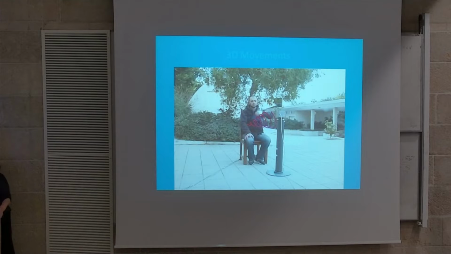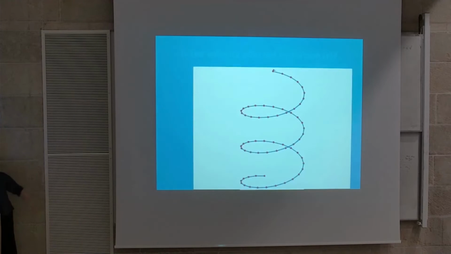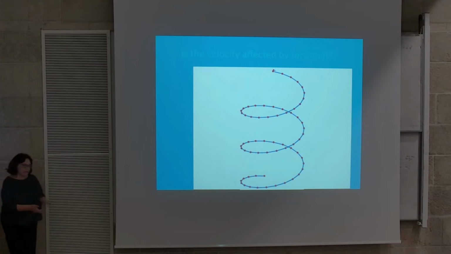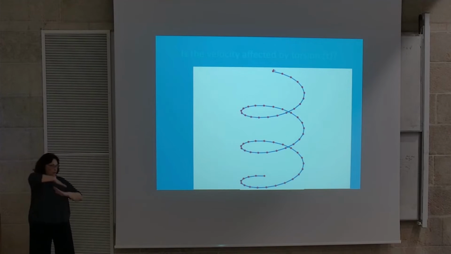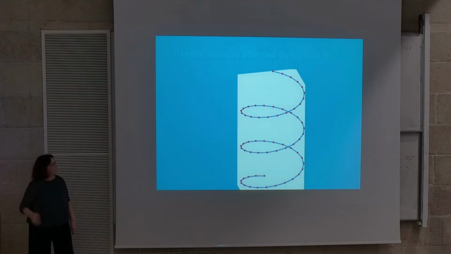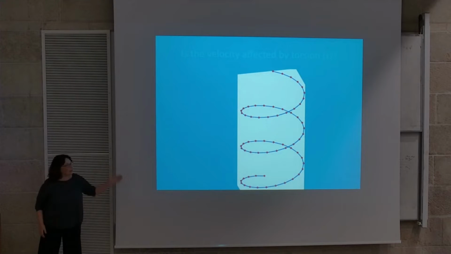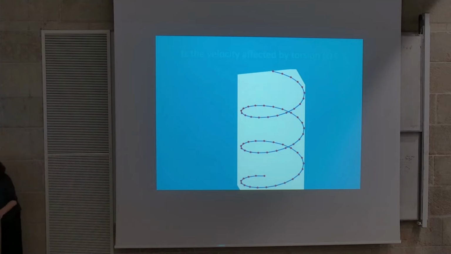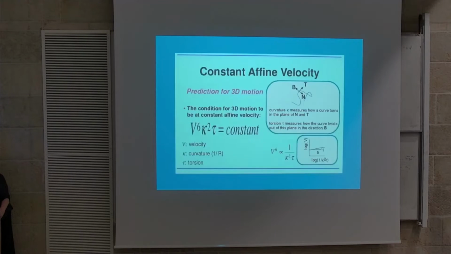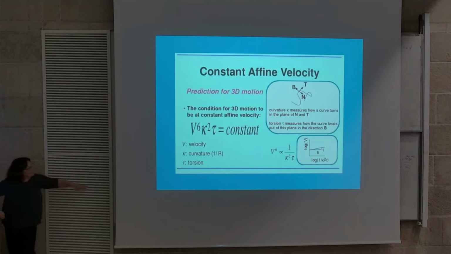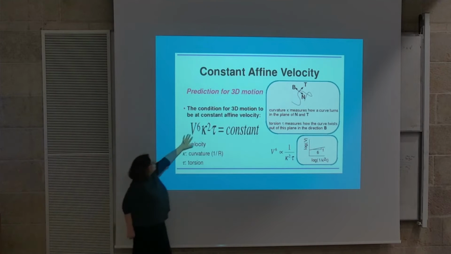And if I go to a 3D kind of motion, if I do movements in 3D, I have a curvature, velocity, and torsion, which is the plane of the 3D movement. And if I want a constant equiaffine velocity in 3D, I get a new law, which says that the movement of people should be obeying this kind of law.